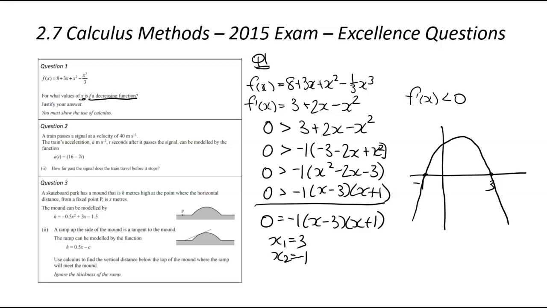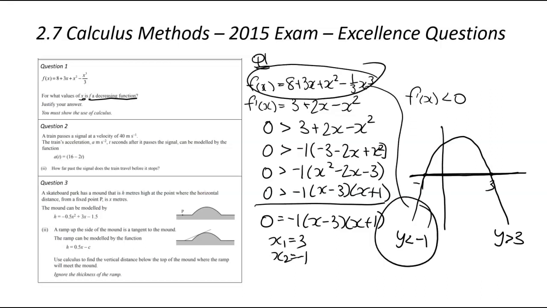And we're trying to find out when it is decreasing, and that is when the numbers are negative. So if you have a look at the x-axis here, anything negative would be below the x-axis. So that would be these two portions here. Expressed as an inequality, this here would be anything less than -1, and that there would be anything greater than +3. So what that tells us is our original function will be decreasing when x is below -1 or when it is above +3.